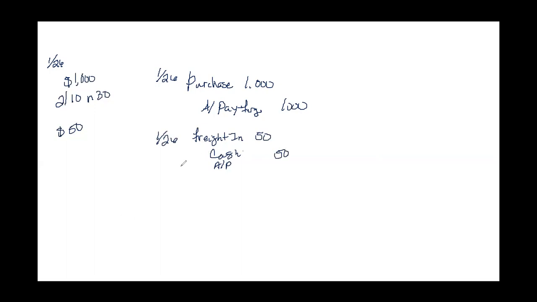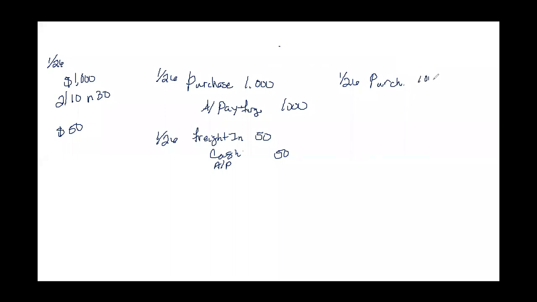Now the other option you can have, I'm going to put this over here, is the seller could come in and say, we'll pay the freight for you and add it to your invoice. So if that happens, you have a purchase of, oh, not 50, let me erase that one.